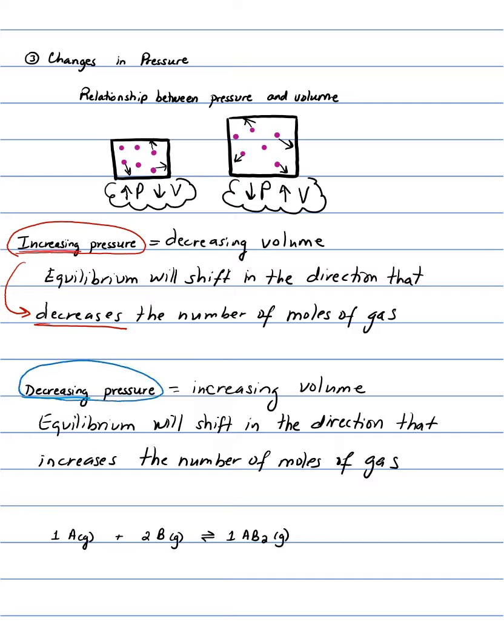Decreasing pressure will shift the equilibrium in the direction that increases the number of moles of gas. If the equilibrium is shifted towards the direction where you have more moles of gas, more moles of gas means that you will have more collisions and the pressure will increase back again.